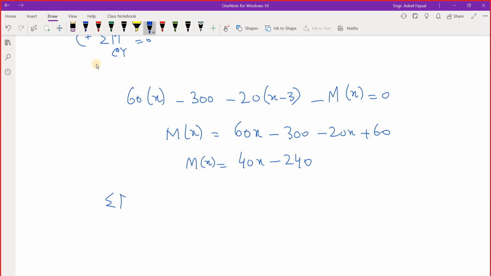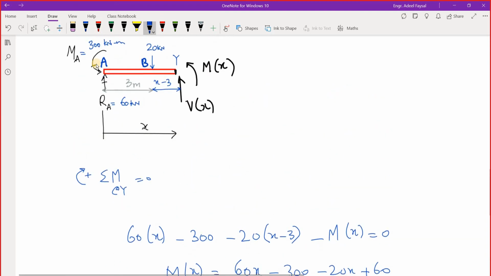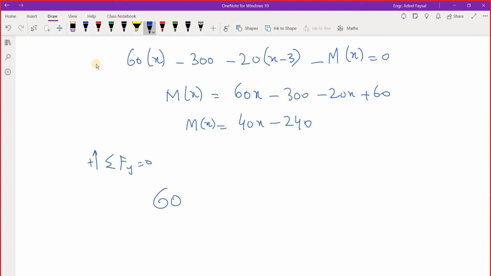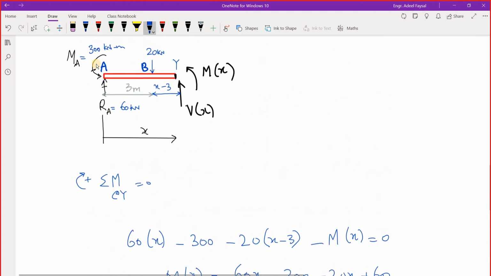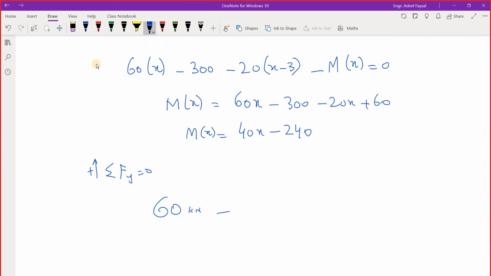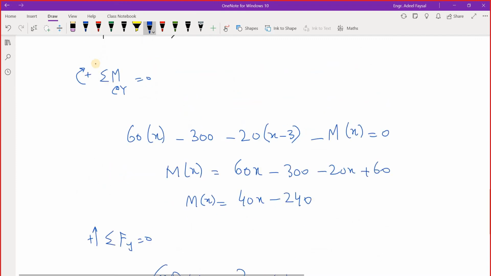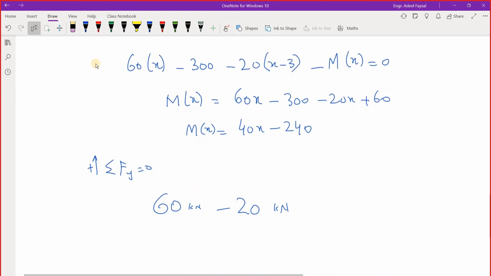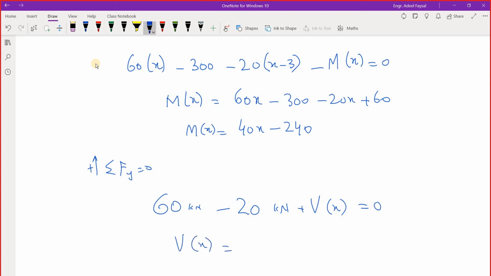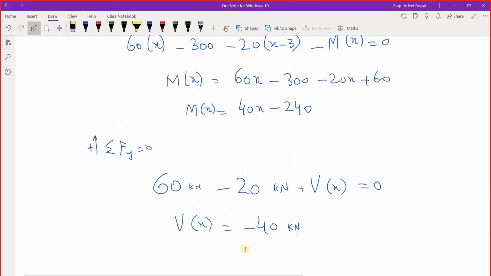Similarly, if you consider summation of vertical forces and taking upward positive, you can write 60 kilonewton minus 20 kilonewton plus Vx equal to 0. Now Vx would become minus 40 kilonewton. Alright, so Vx equal to minus 40 kilonewton.